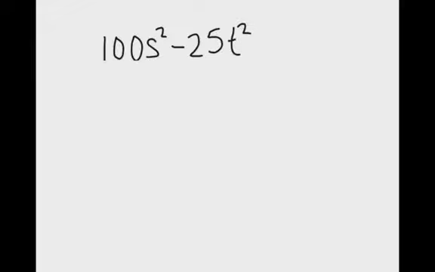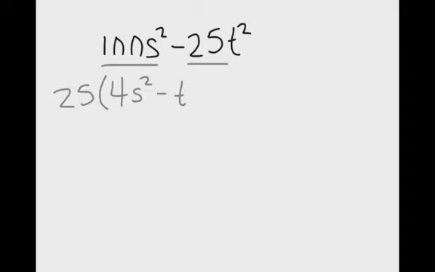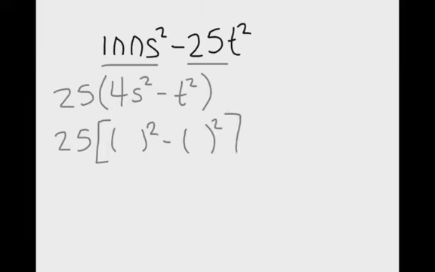Another way you could solve this problem is by pulling out the greatest common factor first. So 100 and 25 have 25 in common. If we pull out a 25, we are left with 4s squared minus t squared. Then once again, we're going to write it as 25 times something squared minus something else squared.